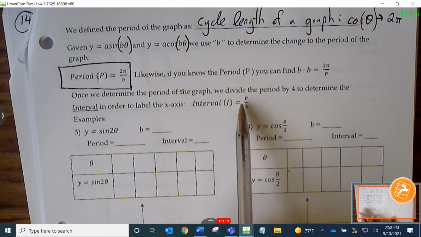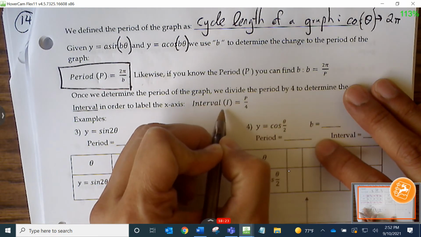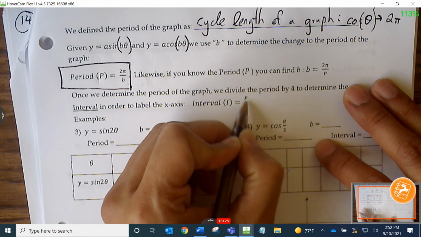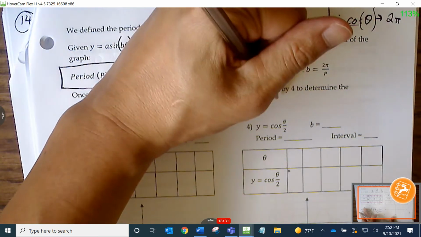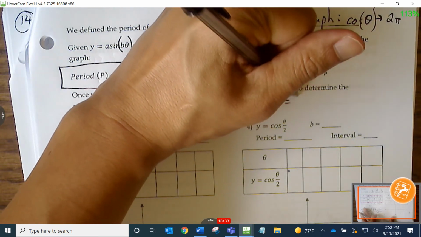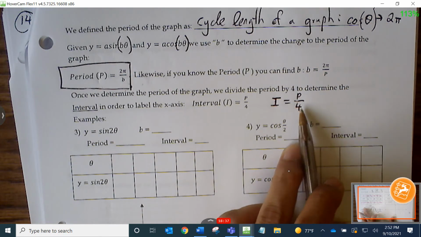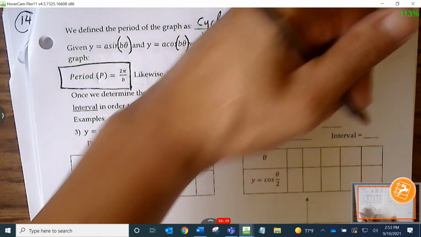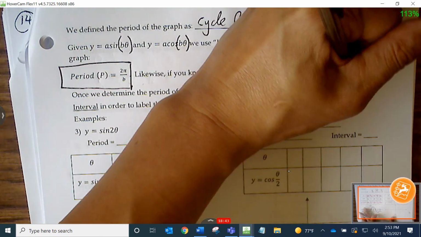And the way we get to our subinterval is we say interval I is equal to p over 4. We're going to subdivide into 4 equal parts. So we say I is equal to p over 4. Sometimes it's easier to think of that 4 as a 1/4. Sometimes that makes it numerically a little bit easier, but they mean the same thing.